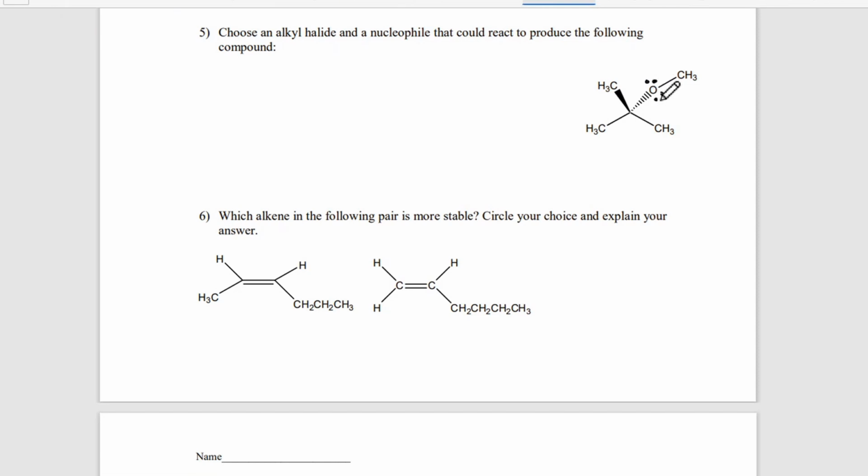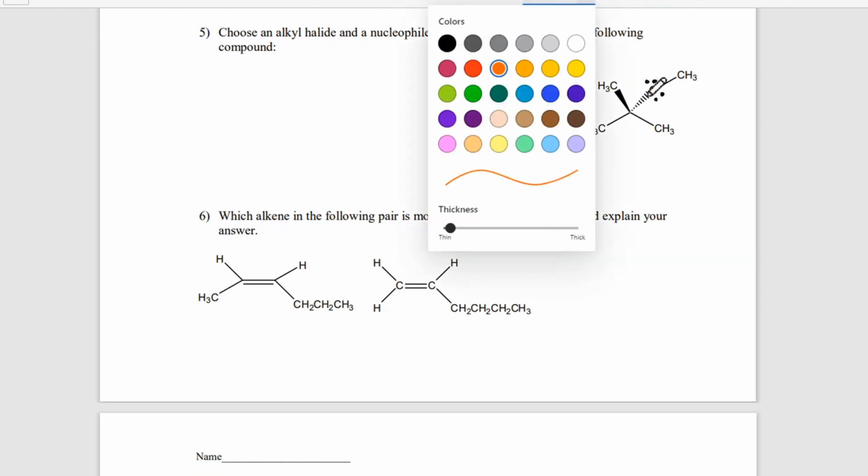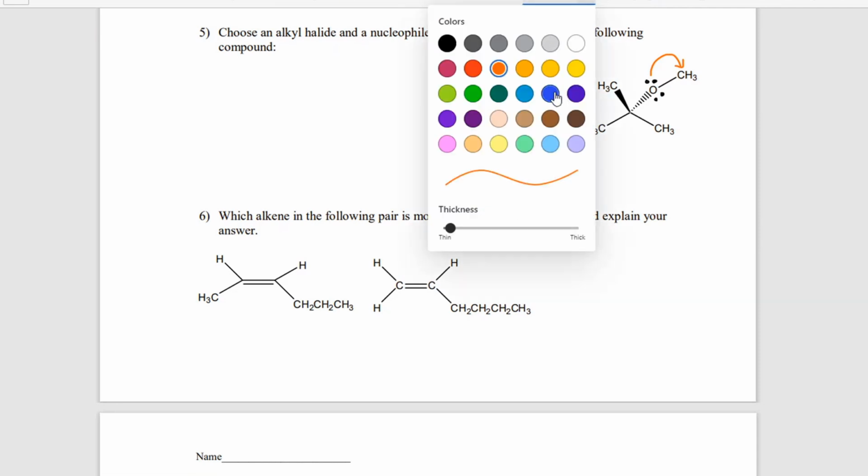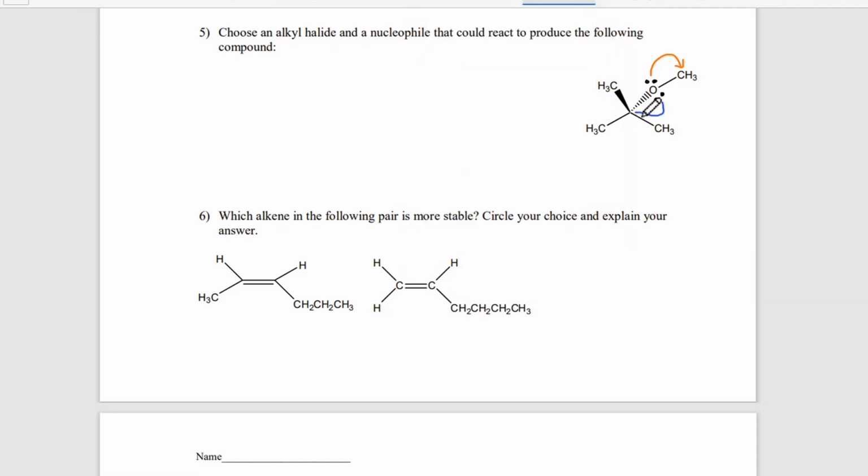Because remember, a nucleophile has to have a lone pair of electrons, right? Carbon doesn't really tend to have lone pairs of electrons, right? So none of these other things really could have been your nucleophile. It would have to have been the oxygen. So either the oxygen somehow attacked this carbon and formed a bond with it, or the oxygen somehow attacked this carbon and formed a bond with it.